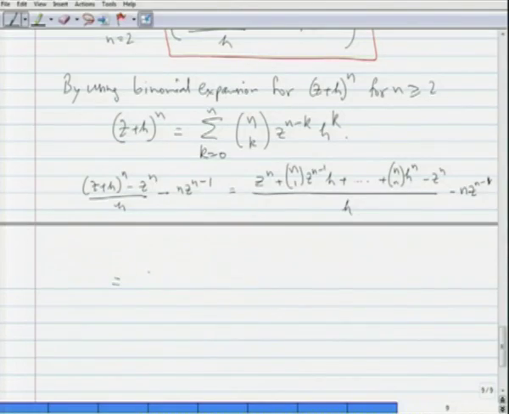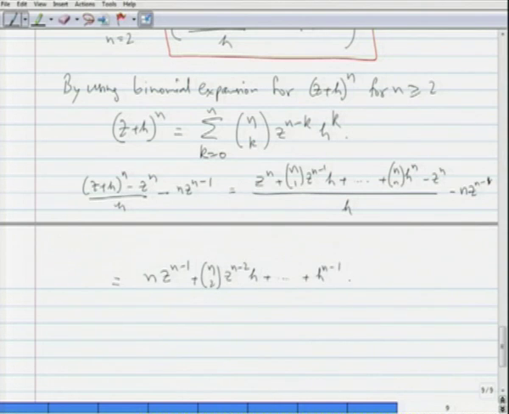So, what I have is n choose 1, so n z power n minus 1, plus n choose 2 z power n minus 2 times h, plus so on, and then I have n choose n, which is 1, h power n minus 1.